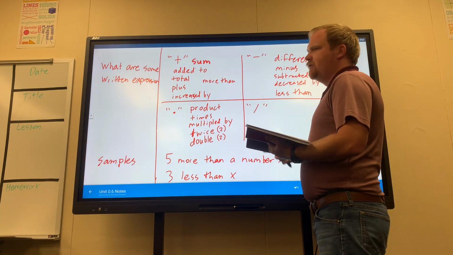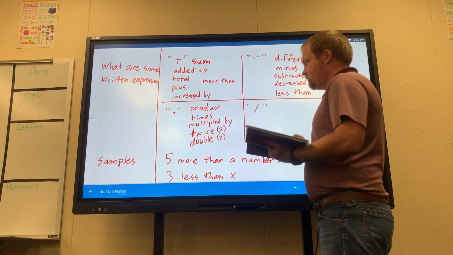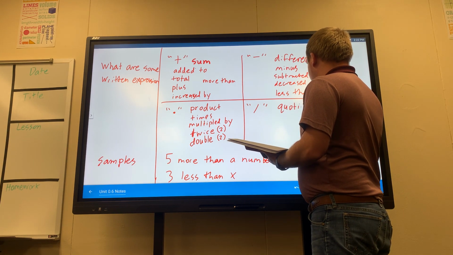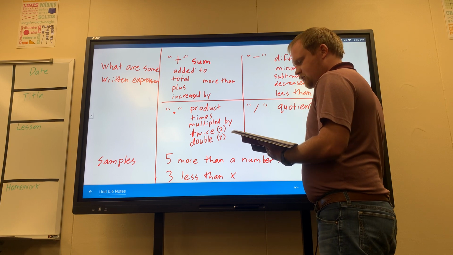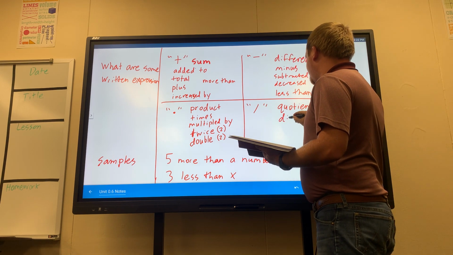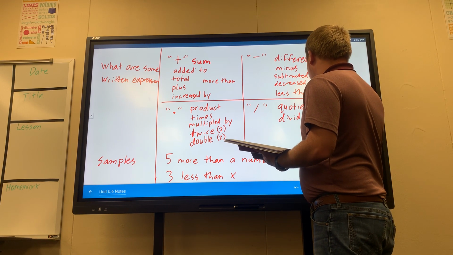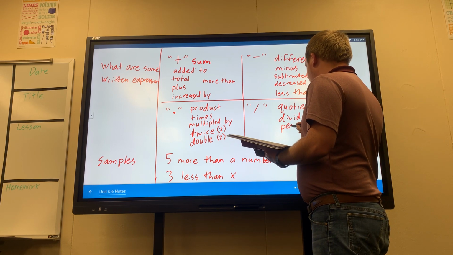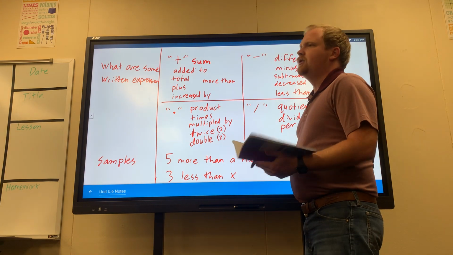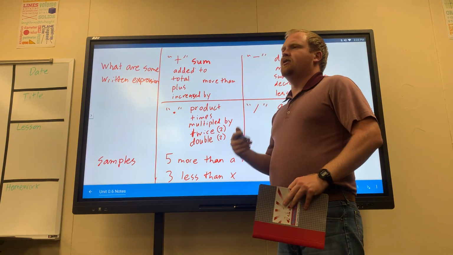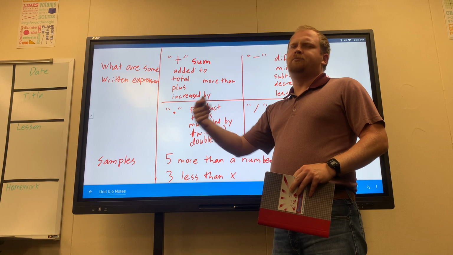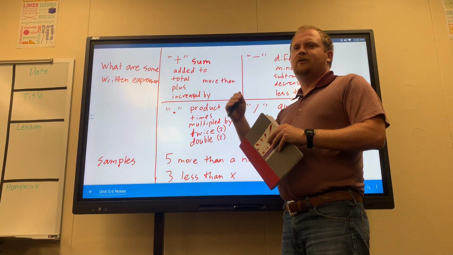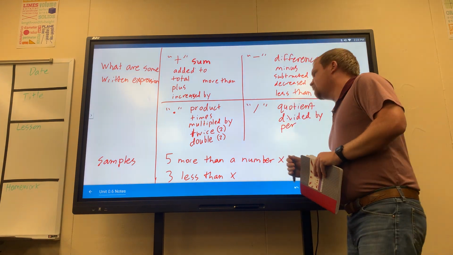Now divide: two numbers divided by each other is called a quotient. We can also say divided by. Per is a good example of something we hear, like miles per hour. That's miles divided by the number of hours that you drive.